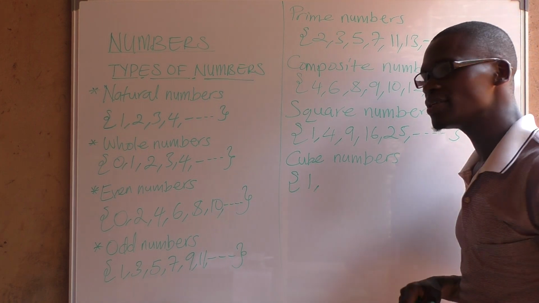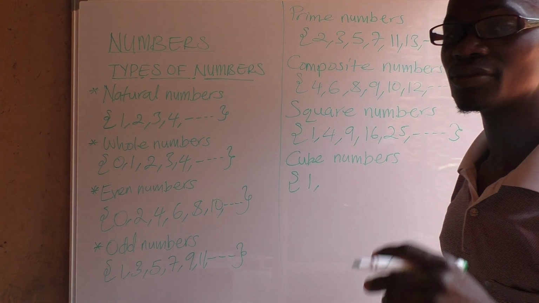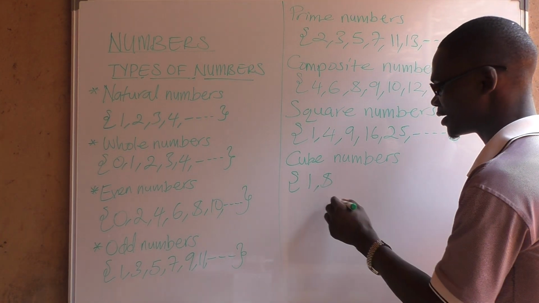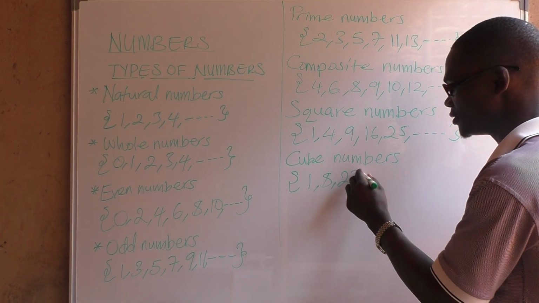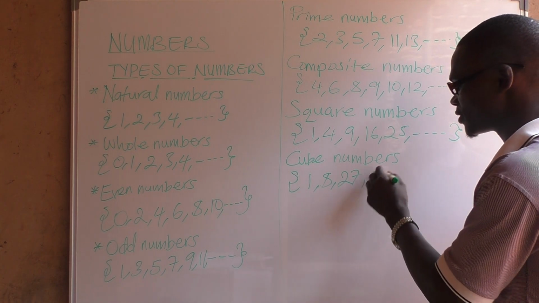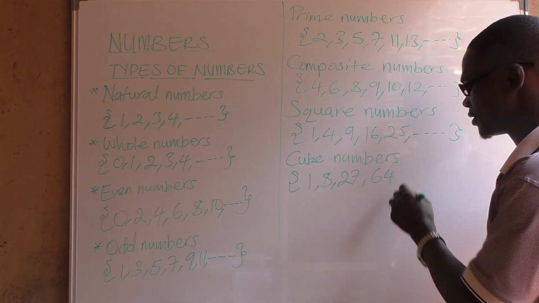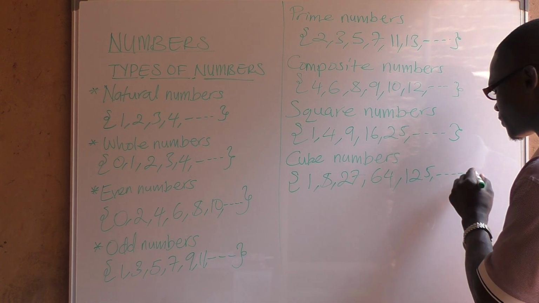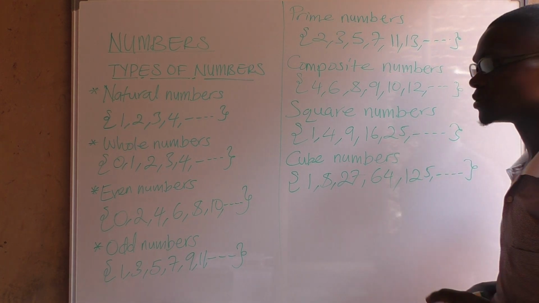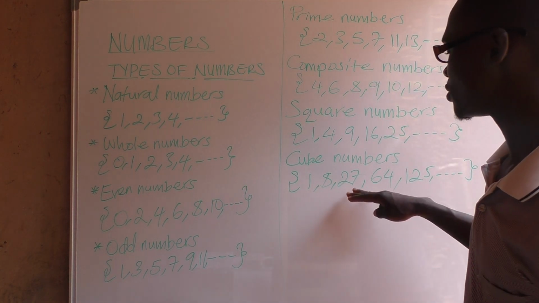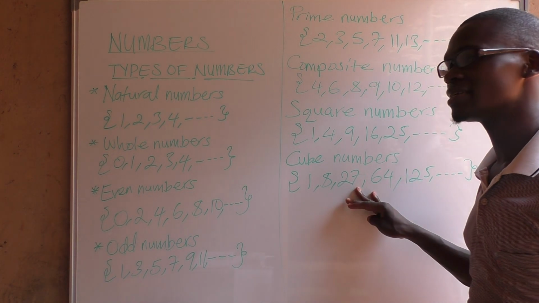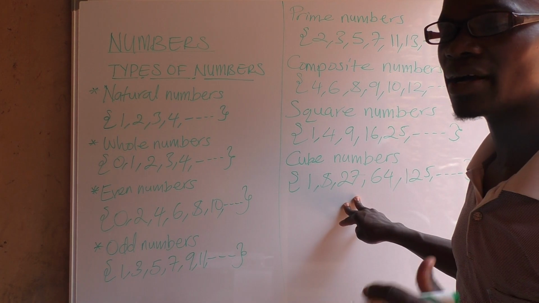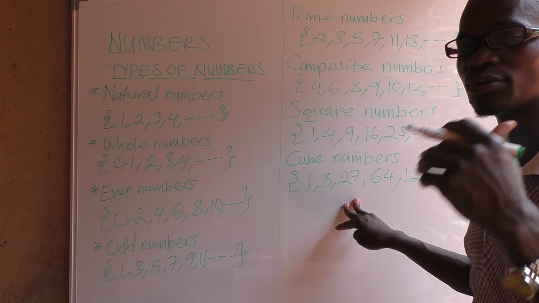Then we multiply 2 by itself 2 times, giving us 8. 3 gives us 27. 4 gives us 64. 5 gives us 125, and so on. So these are what we call cube numbers, the numbers that are obtained when a number is multiplied by itself twice.